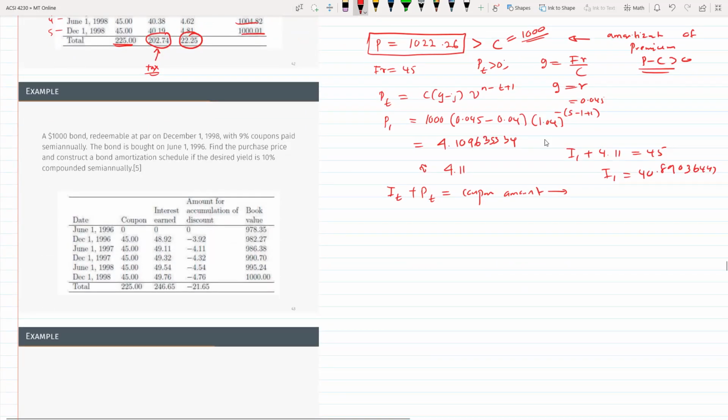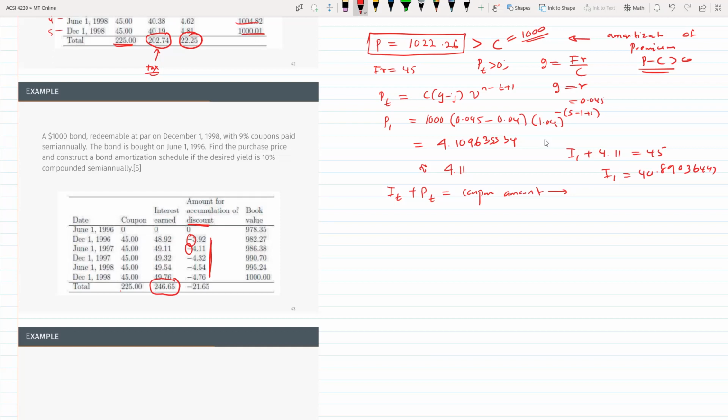So this is the same one, another similar type question, but in this case, it's discount. So try that, and then you can see that the amounts are negative. Okay. So now you will have to pay tax on more than what you received as coupon payment.